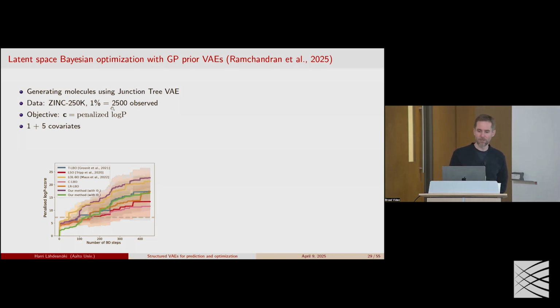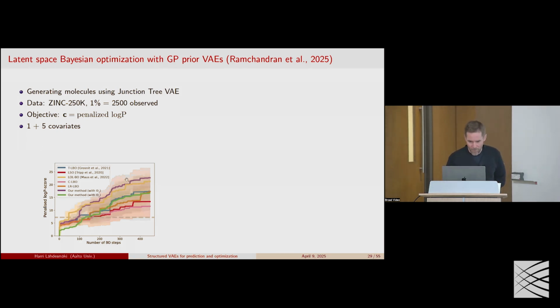The goal is to optimize the so-called penalized log P quantity of these molecules, and only 1% of the molecules has this feature known. We are using this penalized log P as one of our covariates, as well as an additional 5 features which we can easily compute from the molecules that we are modeling.